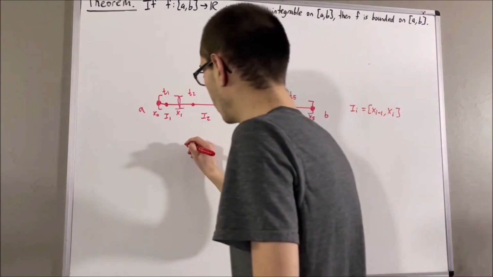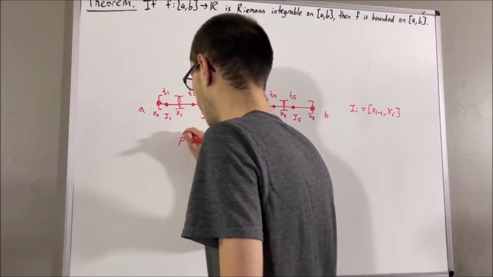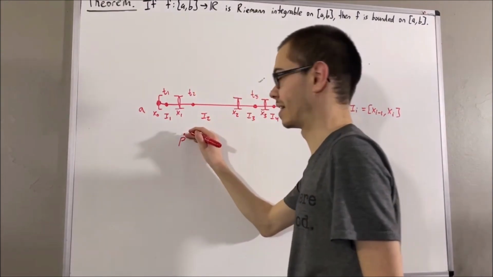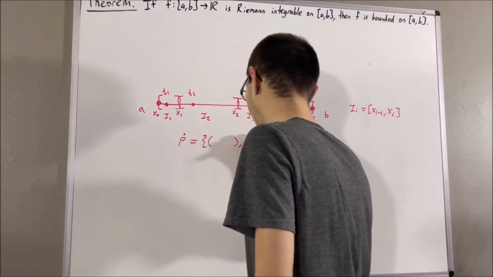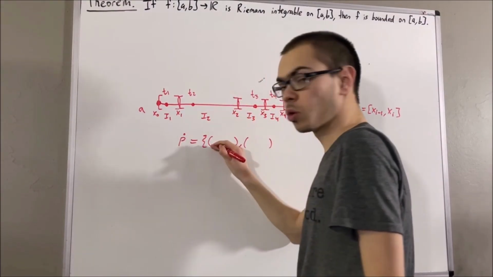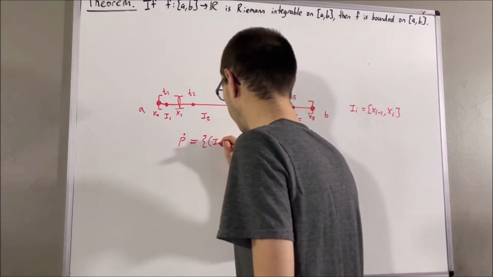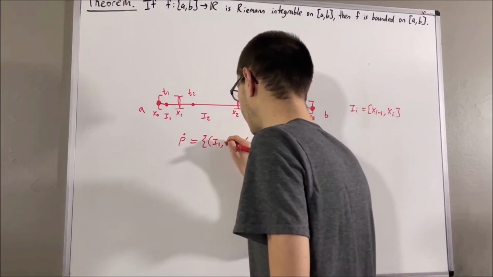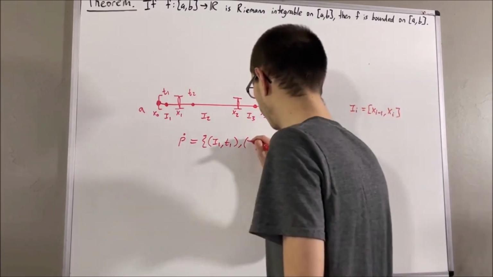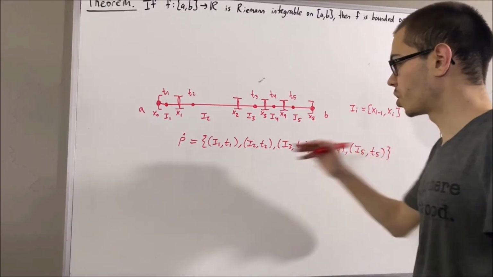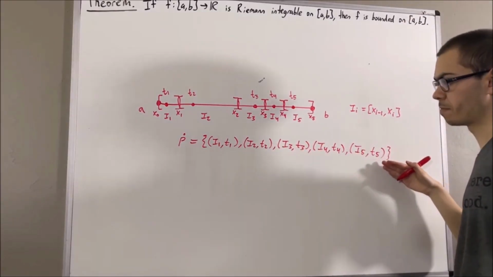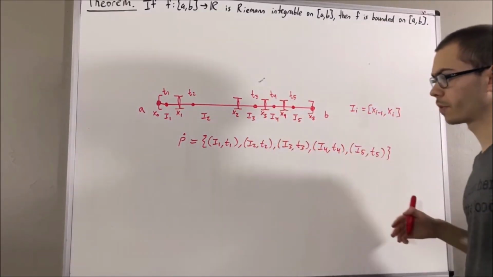And the way we can symbolize a tagged partition is with a letter with a dot on top. It's a collection of ordered pairs. The first coordinate of an ordered pair is the subinterval. The second coordinate is the tag in that subinterval. So this would be the tagged partition that we have above.